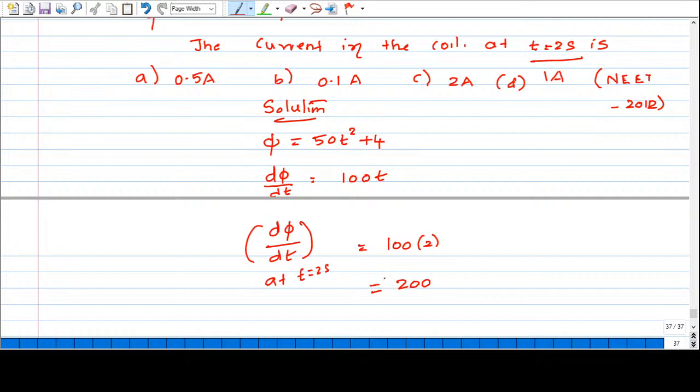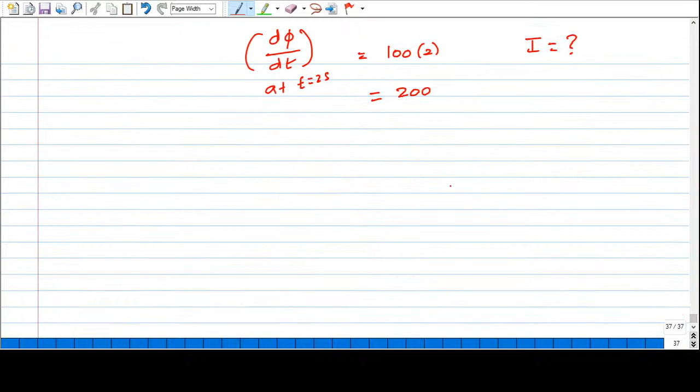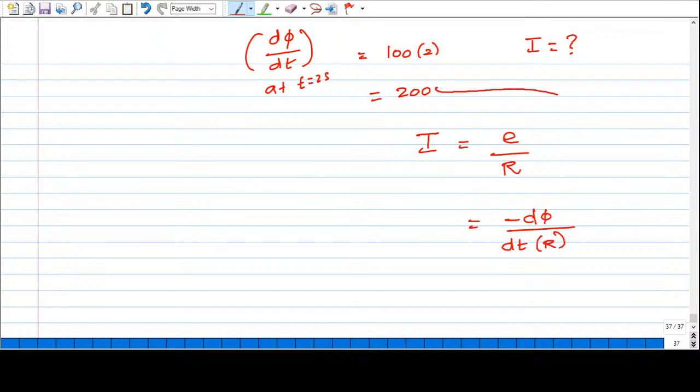But the question asked is to find the value of I. Let me write the formula for I. The value for I is equal to E by R. The value of E can also be written as minus d phi by dt, so I is equal to minus d phi by dt divided by R. See here, this is the value of d phi by dt. It is minus 200.